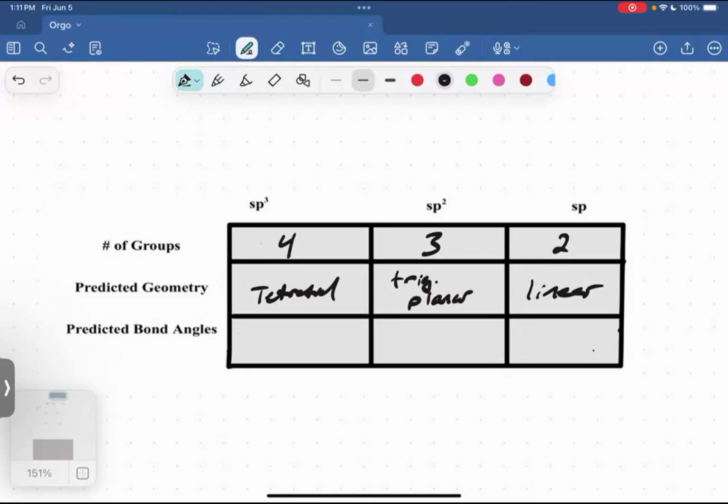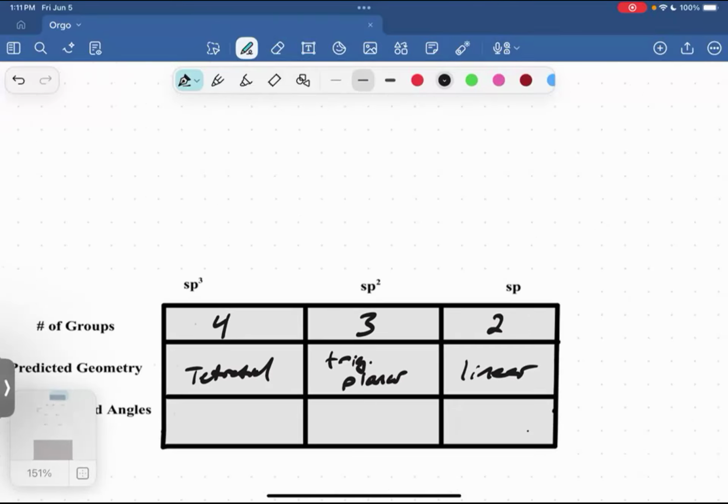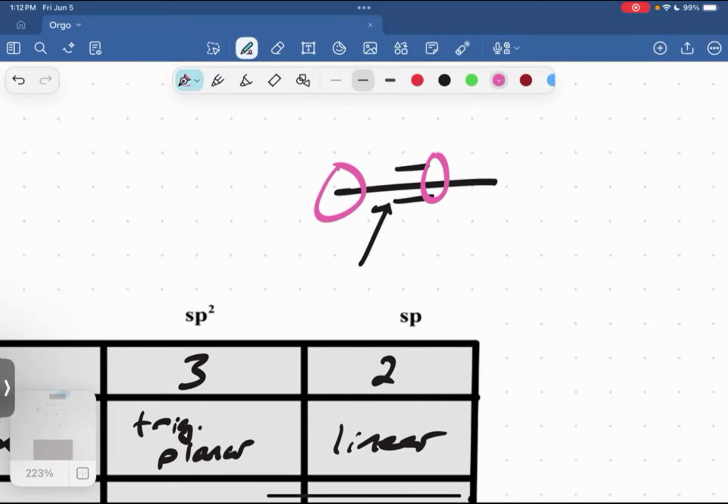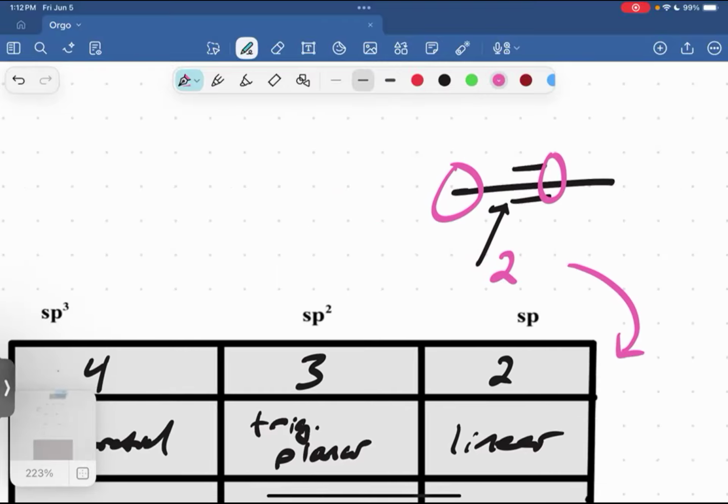So here's an example of linear. That carbon there has how many groups coming off of it? This carbon group here and this carbon group here. 2 groups gives us linear. sp2, here's a common example.